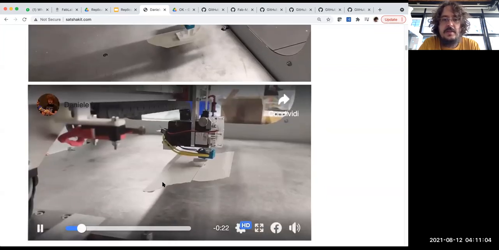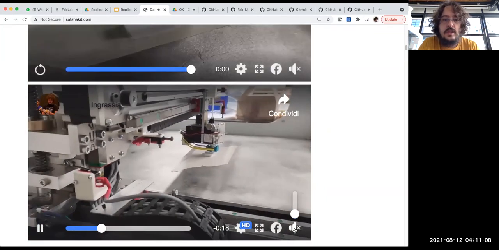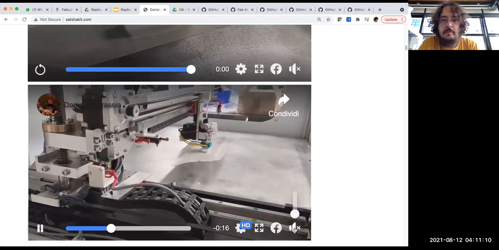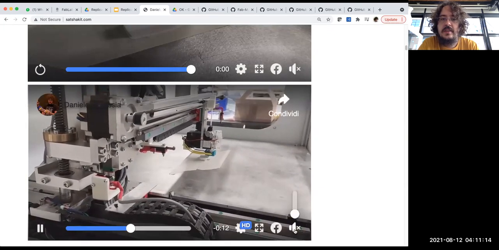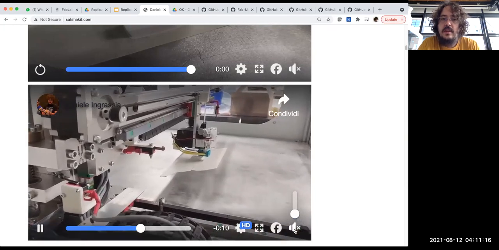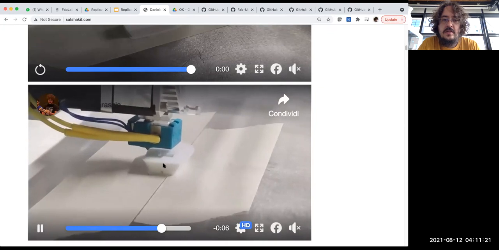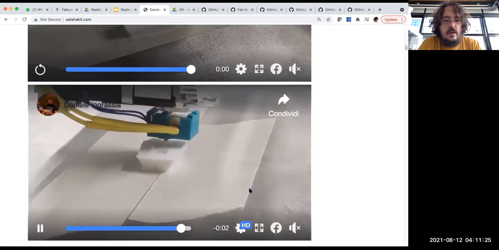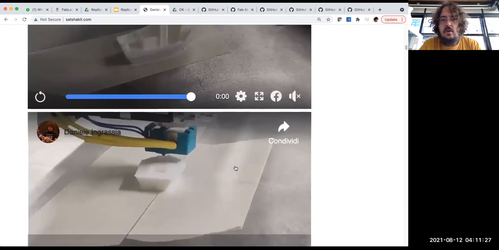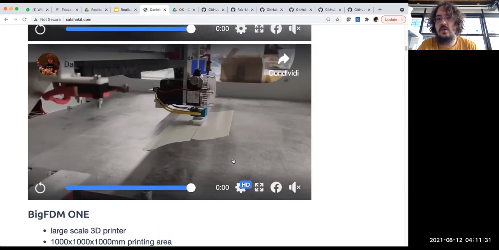This is a very fast print that we tested just to see if the shaking was happening. But as you can see here, guys, the shaking, even at this speed, is almost something that you cannot notice. Yeah, and you can see the machine is going back and forth. All right, so I think we are over with this machine. We go to the next one, and then I'm going to show you the machine live. Do you have further questions?